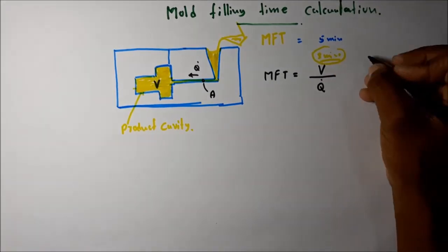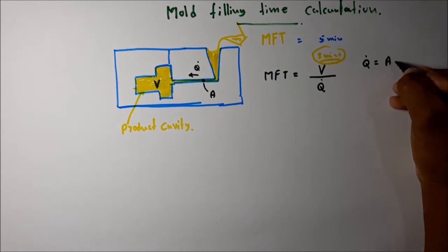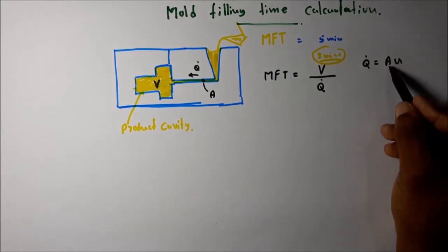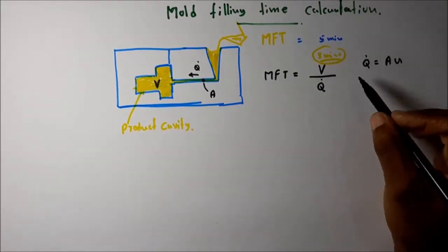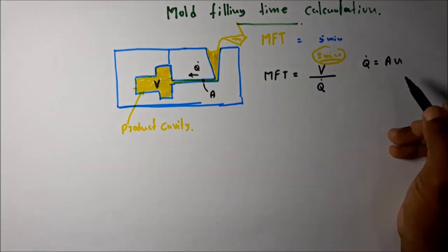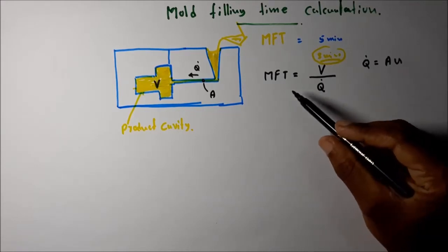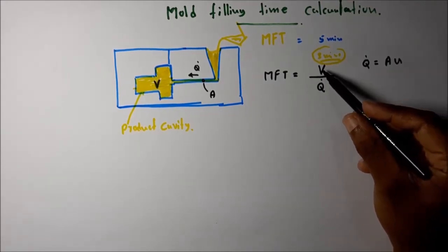But how to calculate Q dot? Q dot is equal to A times U. A is the cross-sectional area of the main runner and U is the molten metal velocity through the main runner. If we know Q dot, we can calculate the mold filling time by dividing the volume by Q dot.